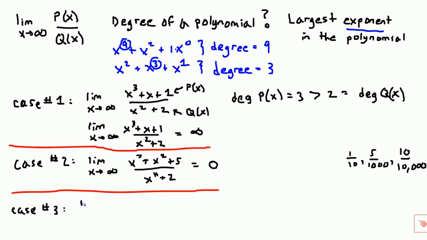We have the limit as x goes to infinity of 5x squared plus 3 divided by 6x squared plus 100. What's the degree of the top? It's 2. What's the degree of the bottom? It's also 2.